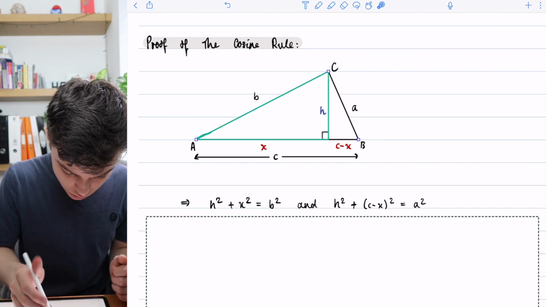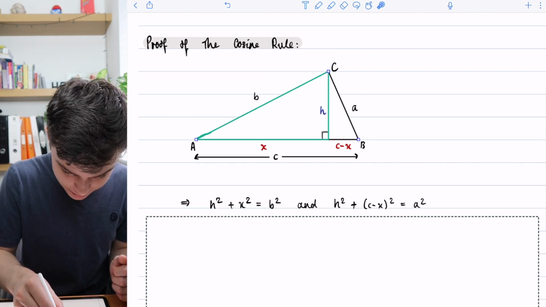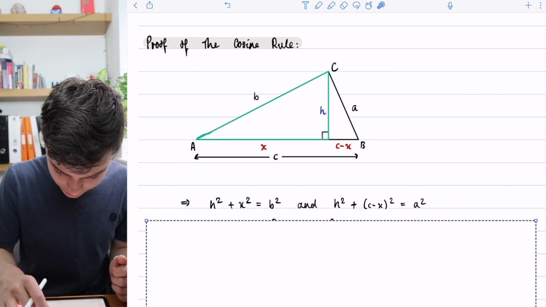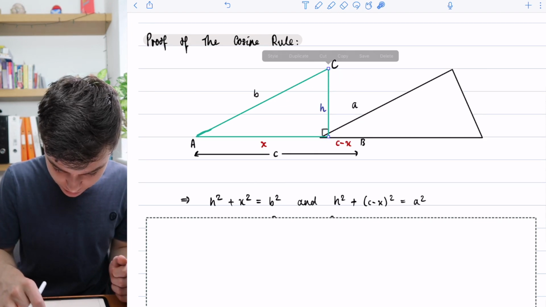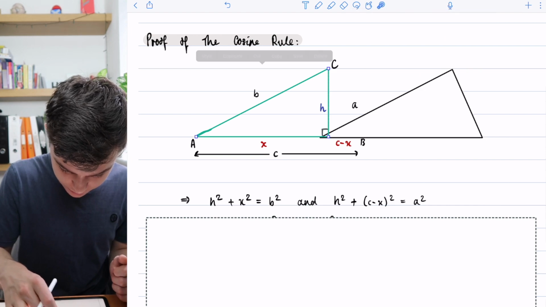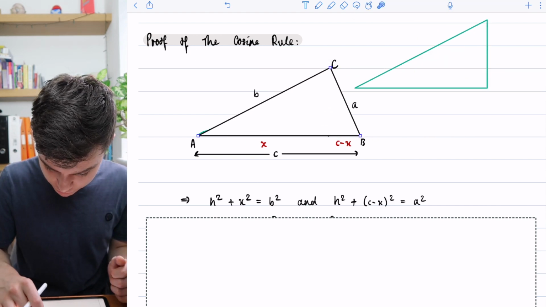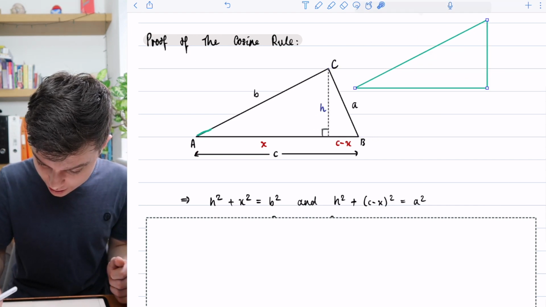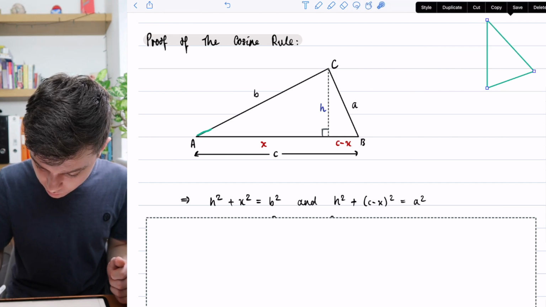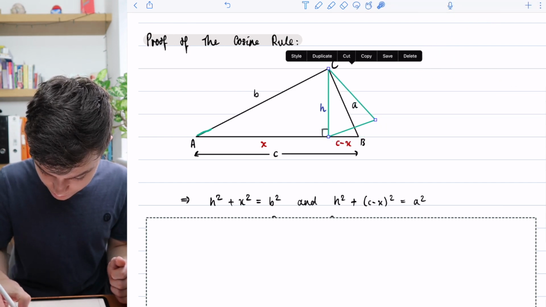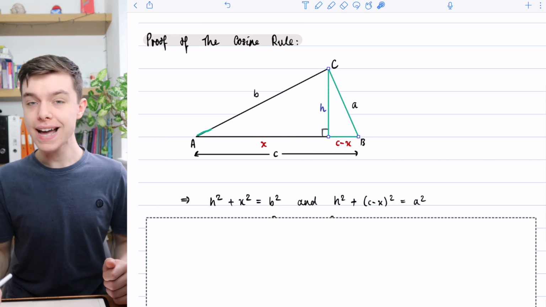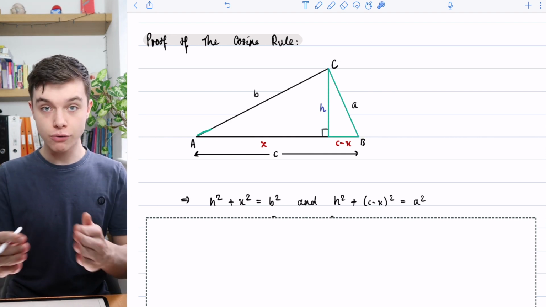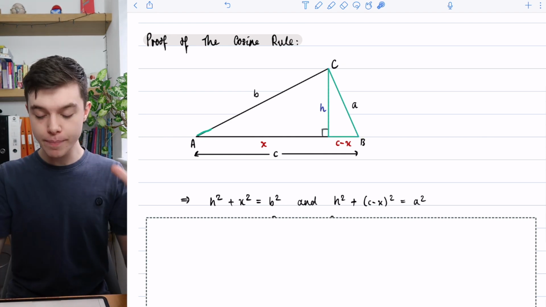But also, we could look at the second triangle. Let me just do a bit of rearranging. Perfect. I can consider that triangle there as well, that green part, which is the second half of the big triangle.